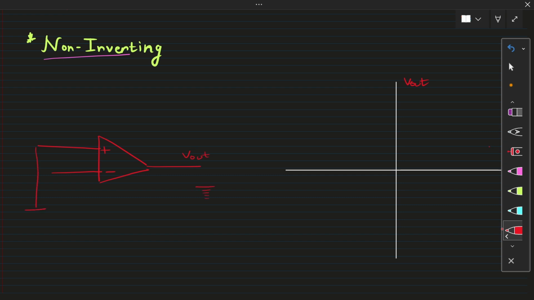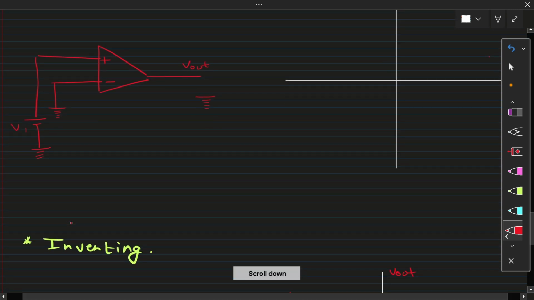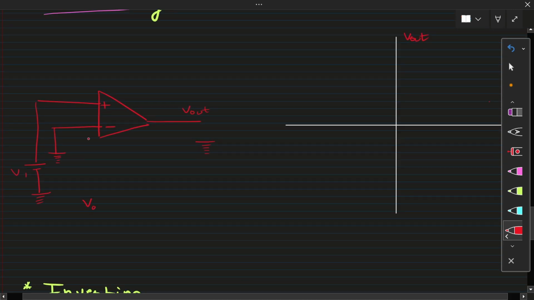Let's suppose you feed V1 here, and this second terminal is grounded. Now, V output is equal to (V1 minus 0) times A naught, so V output is equal to A naught times V1.